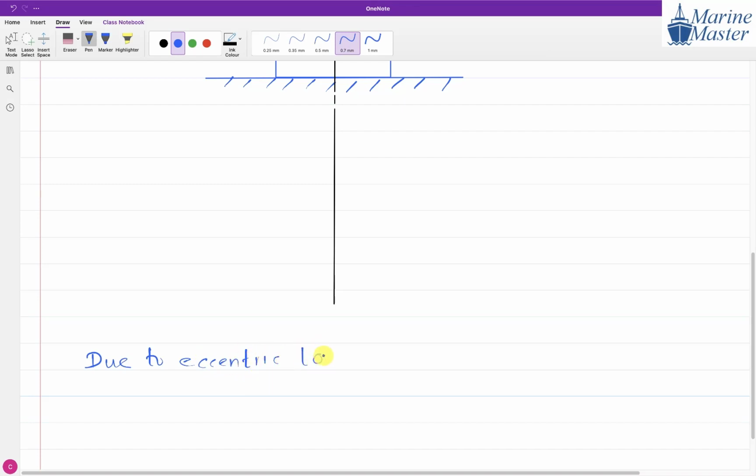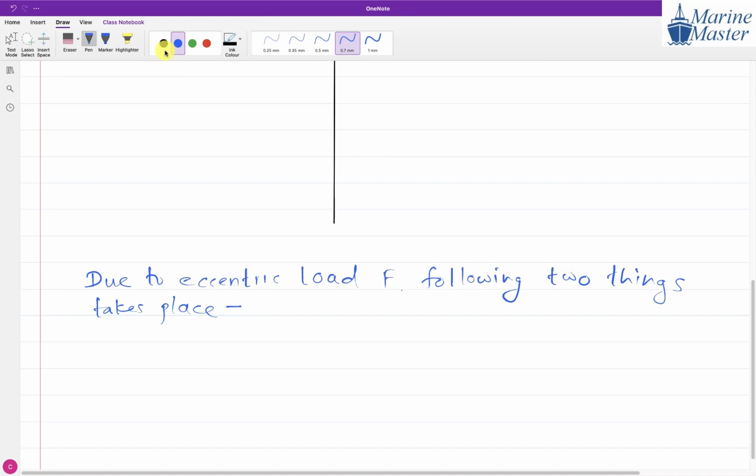Due to eccentric load, the following two things take place. What is the first thing, guys? Tell me. Compression of the column.